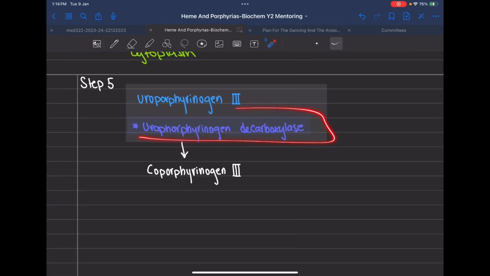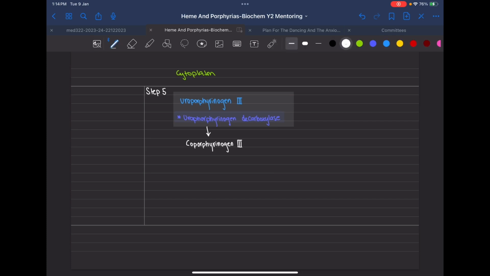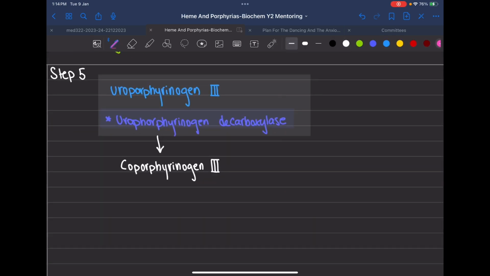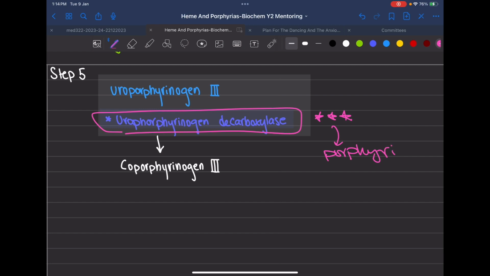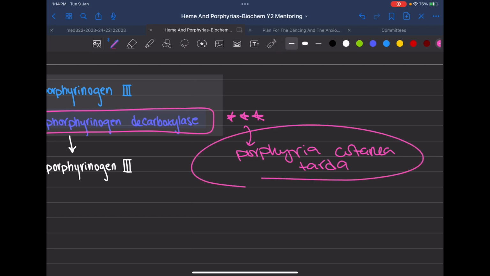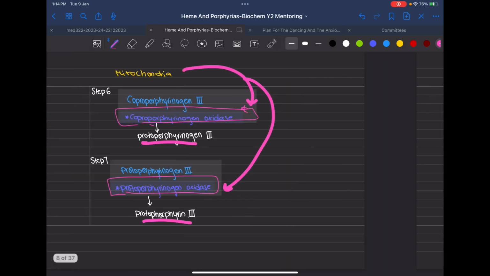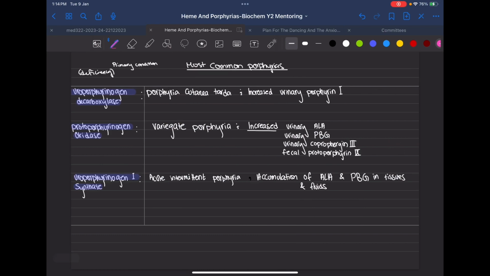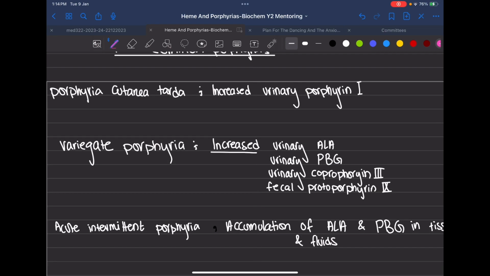So if this enzyme is deficient over here, we're going to end up with Porphyria cutanea tarda. And this is associated with increased urinary porphyrin 1. Okay? This is another thing that you're required to know.